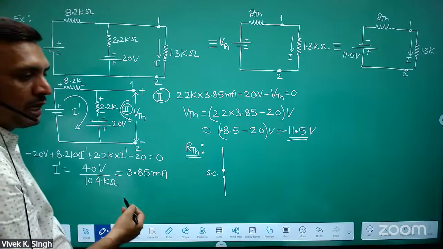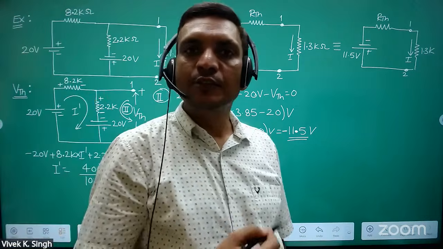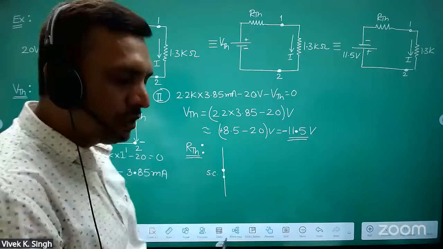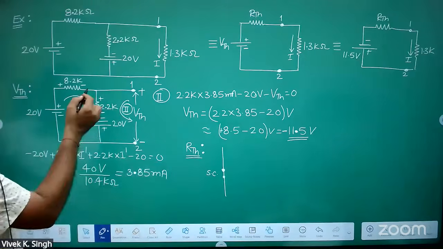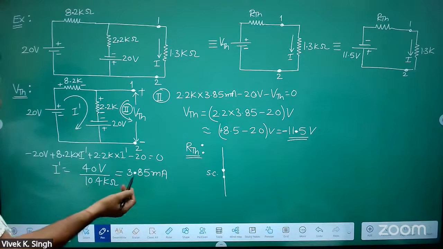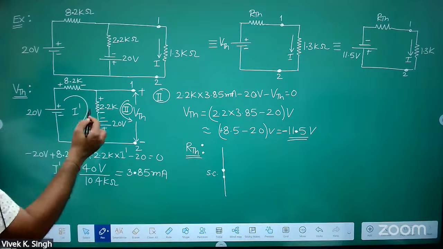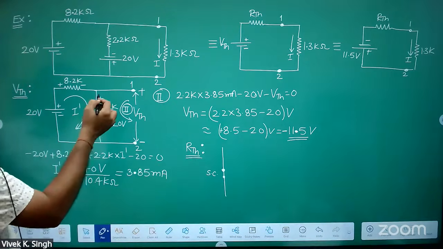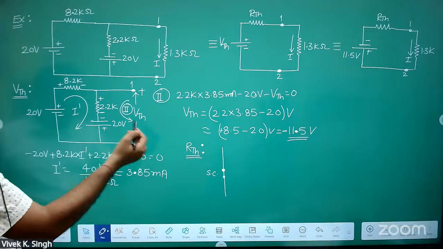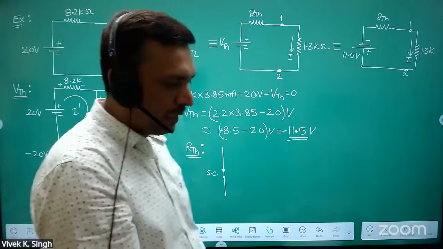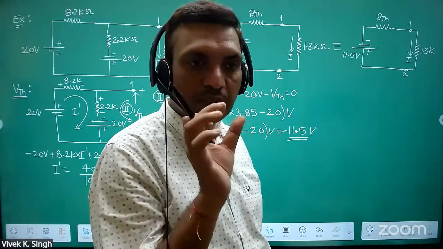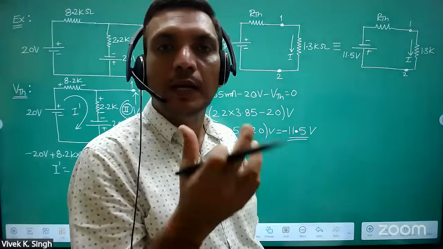When you are applying KVL, you can assume any direction. If current is positive, it means that is your actual direction. So this is the actual direction of current because I dash is positive. Yes or no? Yes, sir. And from this actual direction, this polarity will be plus minus. So if you apply KVL, VTH will be negative. Polarity is important.